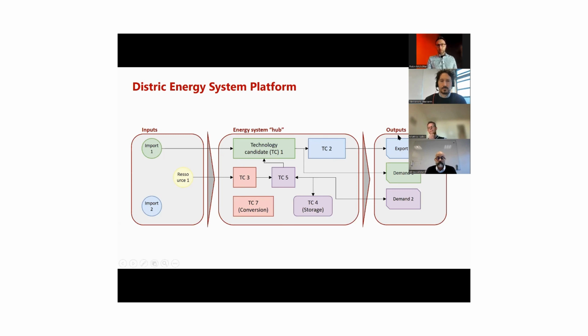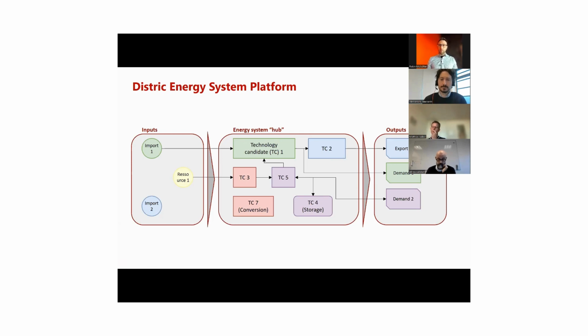On the right-hand side, we have the outputs. This can be export of commodities, or a demand which has to be fulfilled by the system. And in the middle, we have the energy hub with the system boundary, which is defined by the external requirements. In the energy hub, we have technology candidates, which can either be chosen or not chosen.